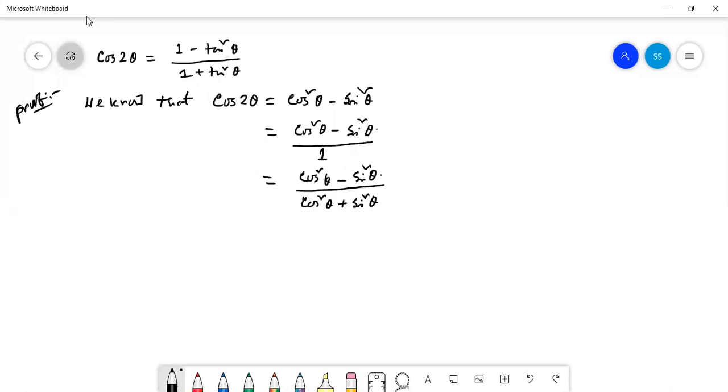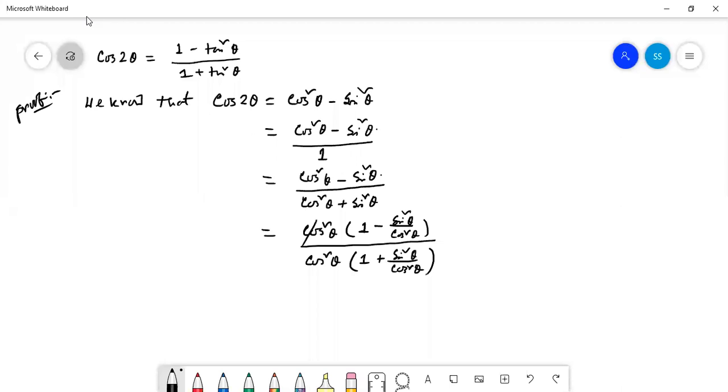Now taking common cos square theta from the upper half, the numerator, it will be given that 1 minus sin square theta by cos square theta. And in the denominator, if we take the common cos square theta, it will be given 1 plus sin square theta by cos square theta.